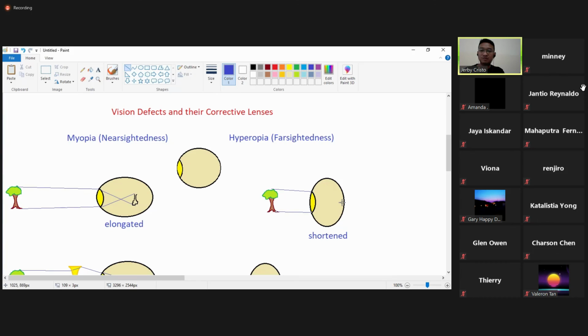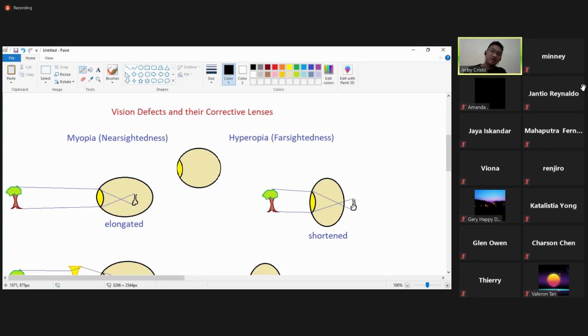Do you think it will be focused in front of the retina, at the retina, or behind? Behind. Yes, it will be focused behind. That is because of the shorter shape of the eyeball. So you will see the image blurred even when the object is close to you.